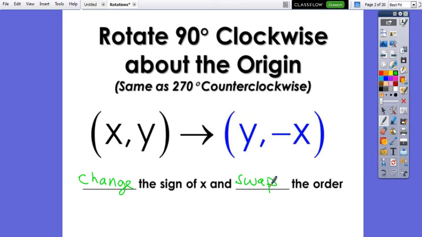If we had 2 and 4 for our X and Y, what we would do first, and this is just so you don't mess up, change the sign of the X. Go ahead and do it mentally or on your paper or wherever. So I know that's going to be a -2. So that -2 goes over here. And then the 4 stays the same. But you're just swapping them. Okay? Just got to be careful.